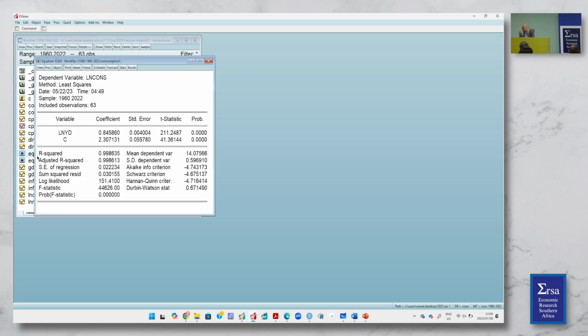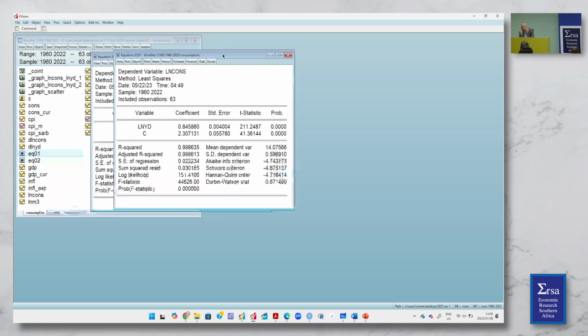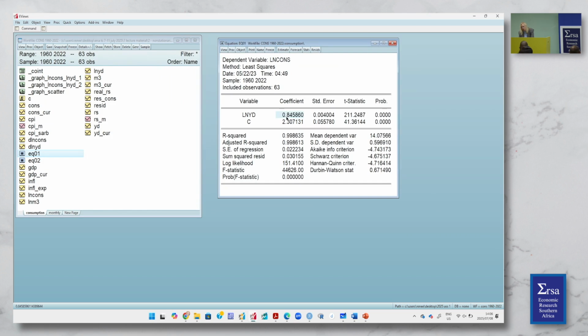If I regress consumption on income, can you see that large t-stat? Way beyond. But even if we work with 11, it will be significant. So it's quite difficult. Maybe these are significant.